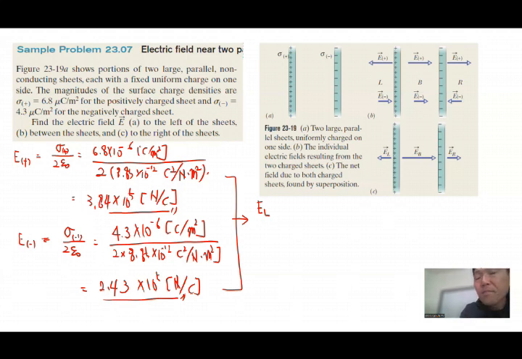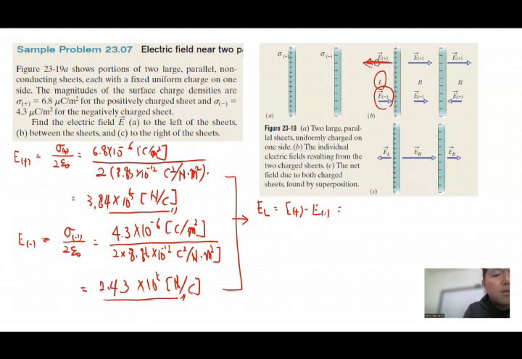As you can see, the positively charged plate produces a field to the left-hand side in the left region, and the negatively charged plate produces a field to the right-hand side there. So in order to find the net electric field, you have to subtract the negative plate's field from the positive plate's field. So that should be E plus minus E minus.